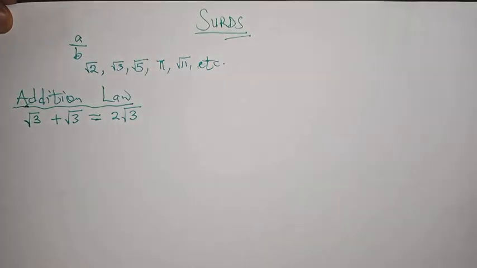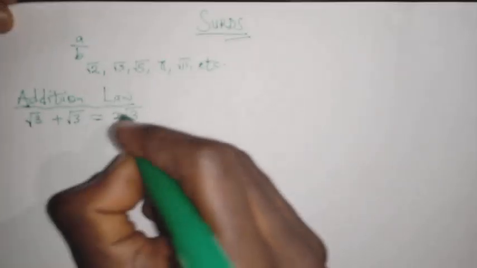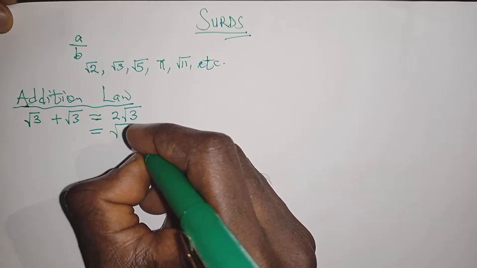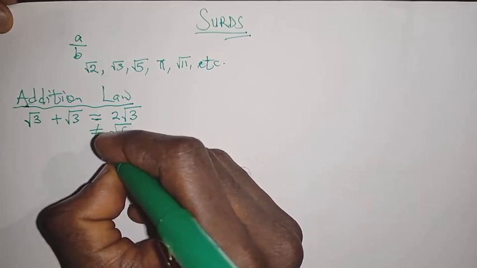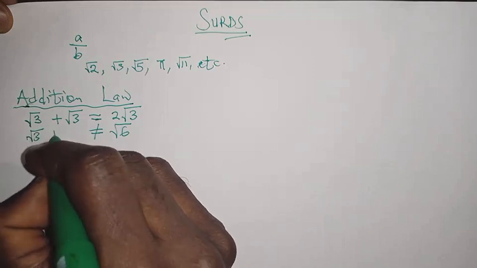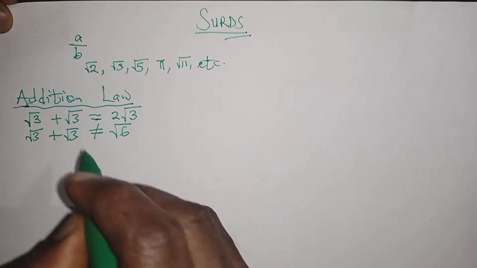That is what the addition law is saying. It does not give us, like some would say, root 6. No. This is simply 2 root 3. So root 3 plus root 3 does not give us root 6.